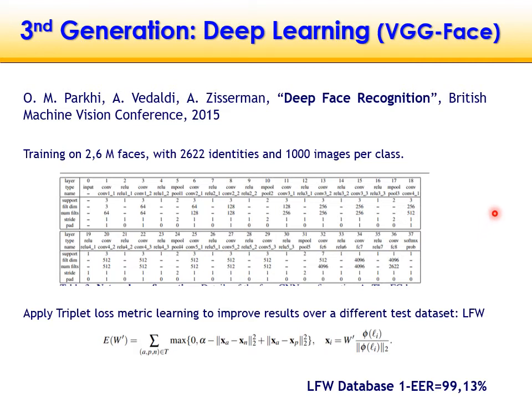And another trick used here is that for training the network, the authors used a special kind of loss metric. So in order to guide the training of the deep neural network, they use what they call triplets.